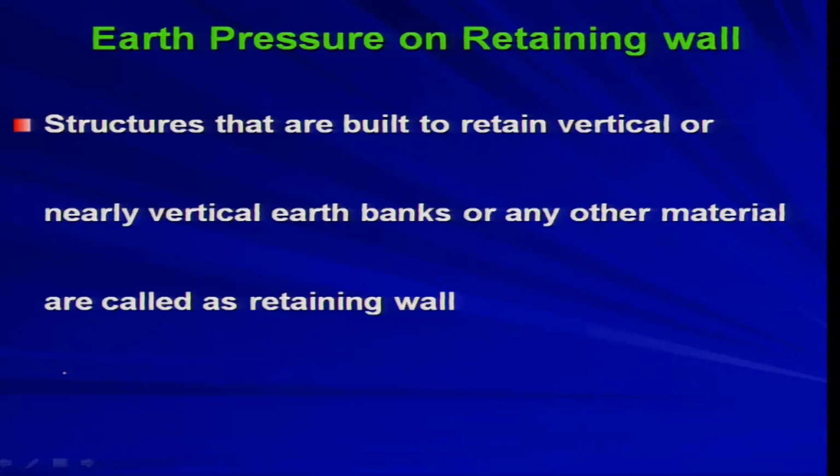This kind of structure will be experiencing some pressure exerted by the soil mass which is retained by this wall. Structures that are built to retain vertical or nearly vertical earth banks or any other material are called retaining walls.